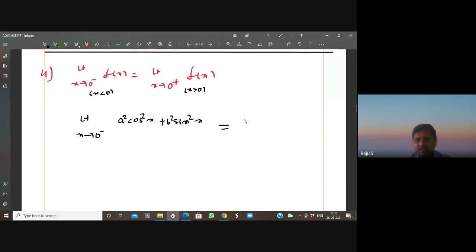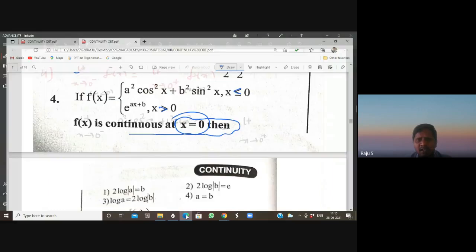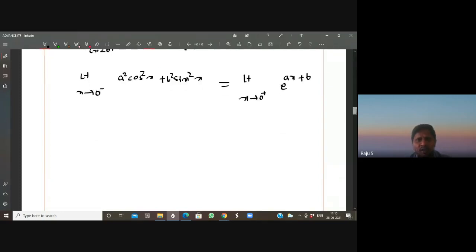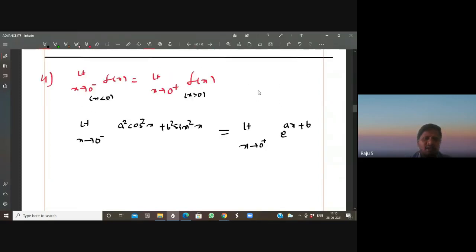Yeah, this is the function, but when limit x tends to 0 plus is x greater than 0 condition, e to the power of ax plus b. Yeah, and what I'm taking here, I'm taking left hand limit and the right hand limit equal because clearly they given it is continuous. Okay, now substitute in place of x directly 0.